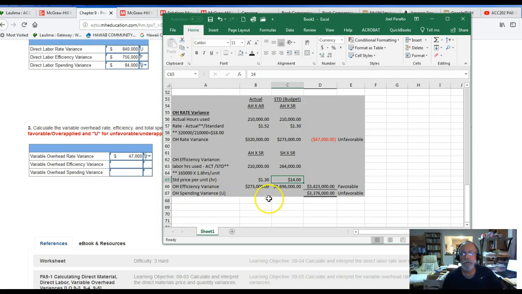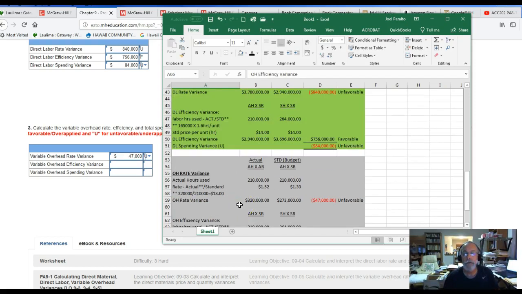That's not right. Standard price per unit. Standard rate. This is standard rate. And I need to change that terminology under the labor. Standard rate.